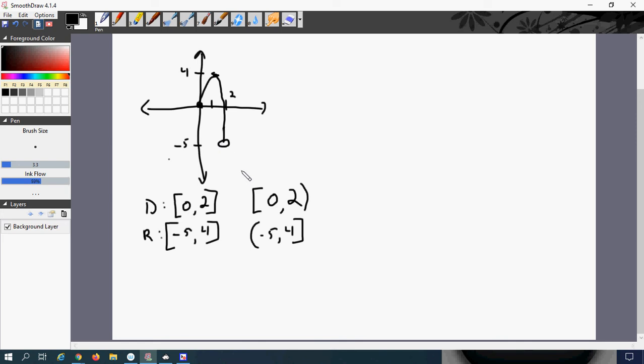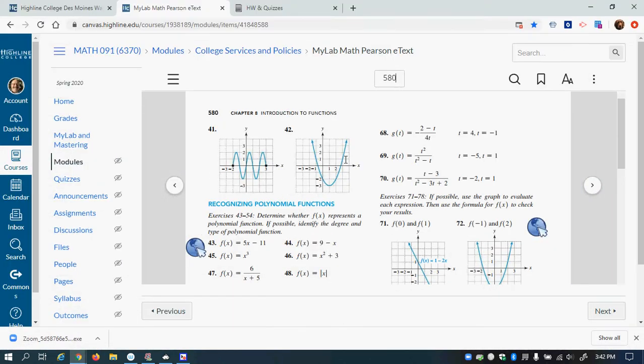So let's take a look at a couple other ones. Let's go ahead and jump to the book, and here's one in the book right here. So here is one on page 580. What would be the domain and range? And it looks to me like it starts, for the domain, at -2 and goes all the way up to 3. And since they're both closed, then it would be brackets.